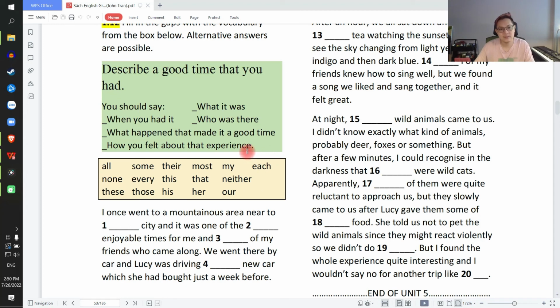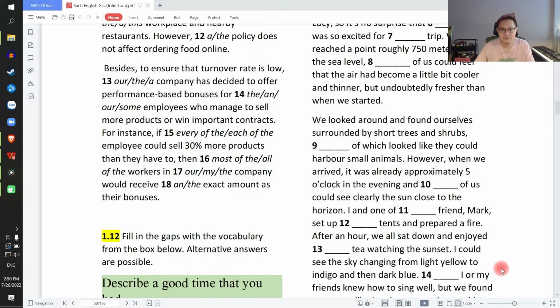And you have all these words you can put in there: all, some, there, most, my, each, none, every, this, that, neither, these, those, his, her, and ours. Okay, so it's 20 of them.